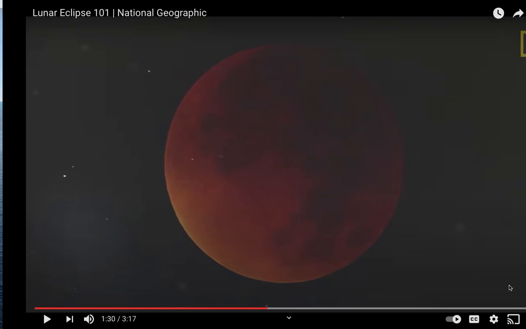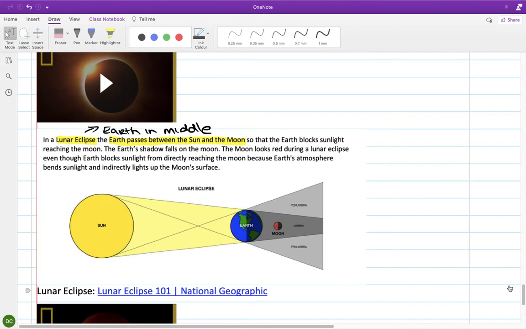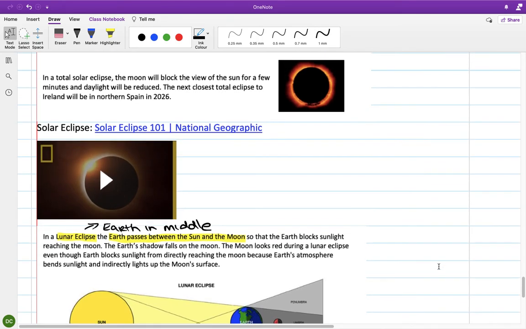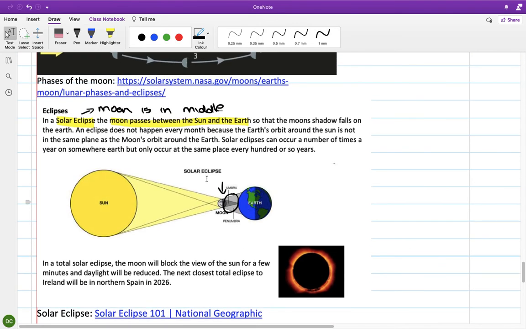Okay, so again, you feel free to watch them, but that's essentially what you need to know. With eclipses, you need to know that a solar eclipse is when the moon passes in between the sun and the Earth, so the moon blocks the sun's light, and that creates shadows on the Earth.